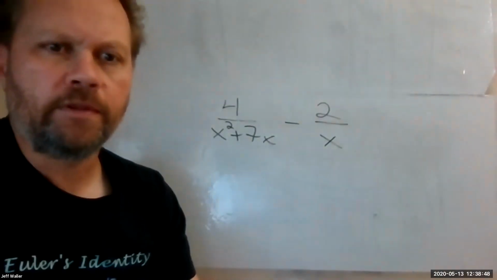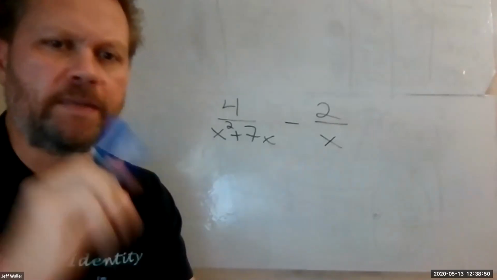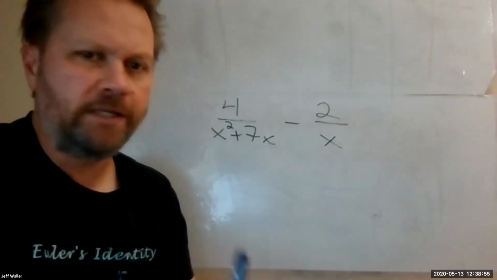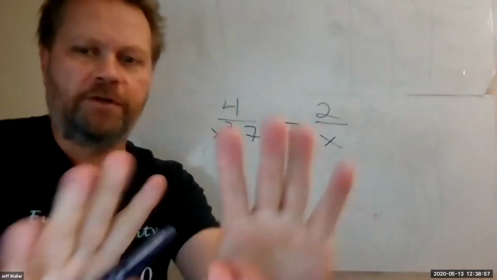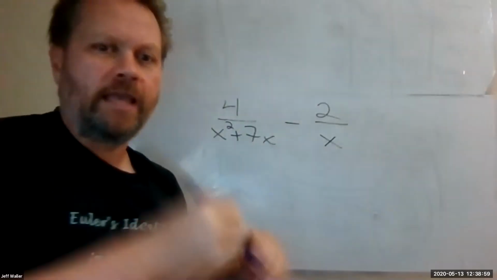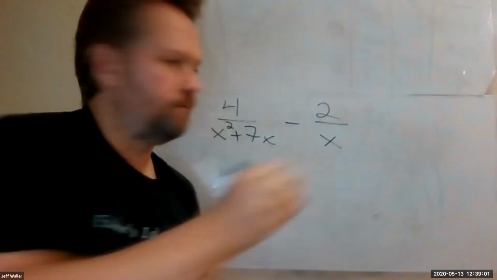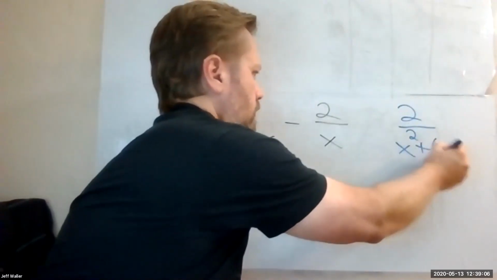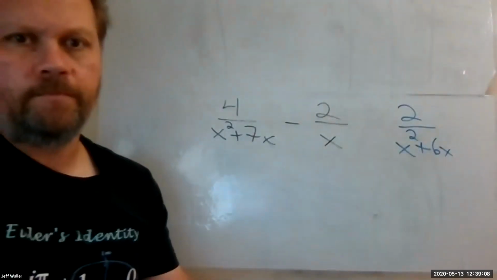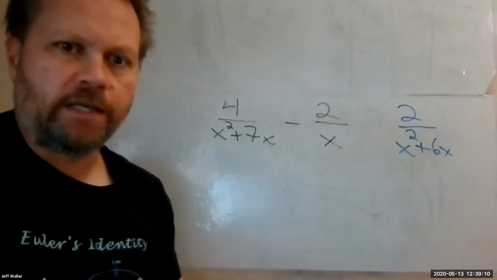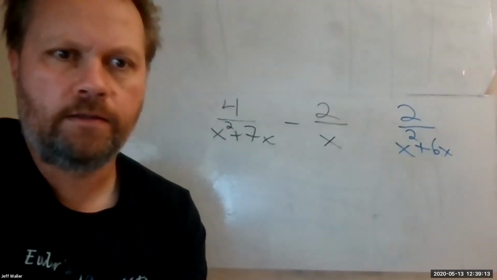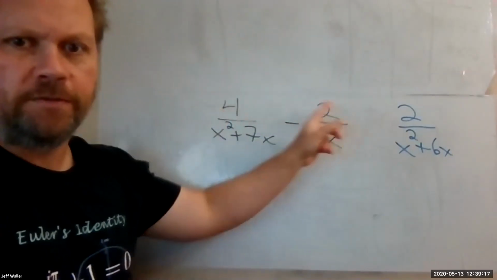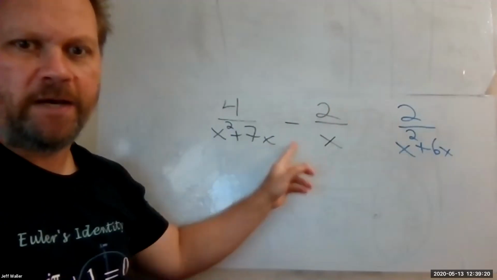Can anybody tell me what the first step is, what is it that tells me I can't just make this 2 over something? I always get somebody do that anyway. So watch, before you say anything. This is an answer that I get. Somebody tells me that is the answer. Can you see what that person did? Can you see they did 4 minus 2, and they did x squared plus 7x minus x?